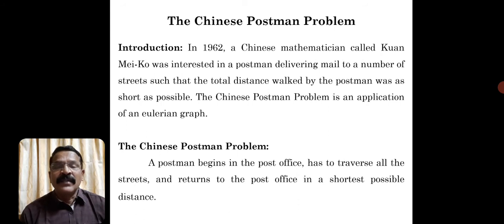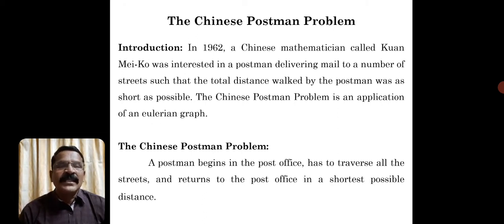There, the salesman has to start from one place, visit all other places and come back to the same place where he started. Here, the Chinese postman also has to start from one place, but streets mean roads, and he has to traverse each exactly once. There, vertices are given importance; here, edges are given importance.